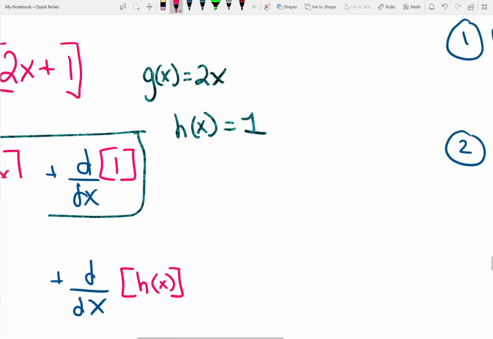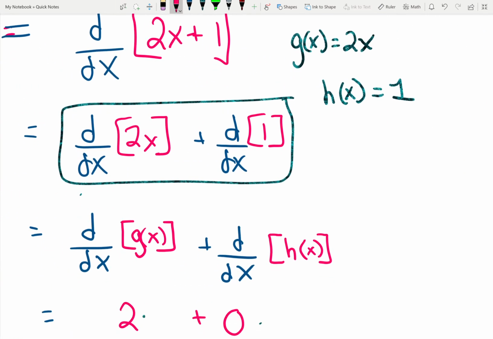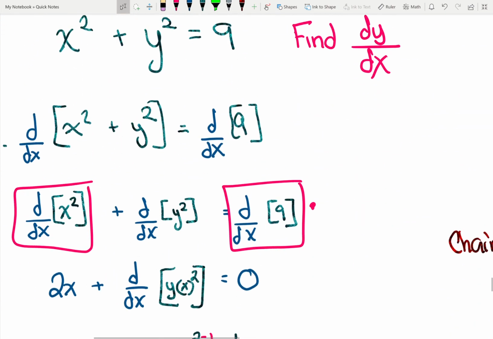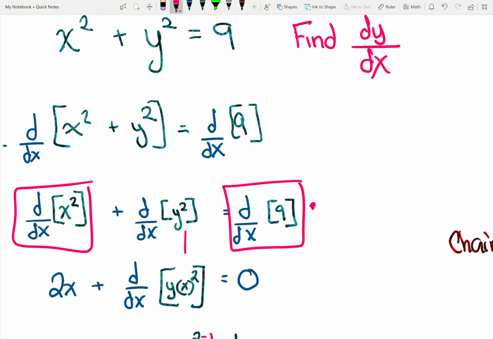Just like what we did here, where we're thinking about these terms as different functions of x, that's what we're doing with y. We're thinking about y as some function of x. So we have not just y squared, we have y of x squared. And we want to take d dx of that.